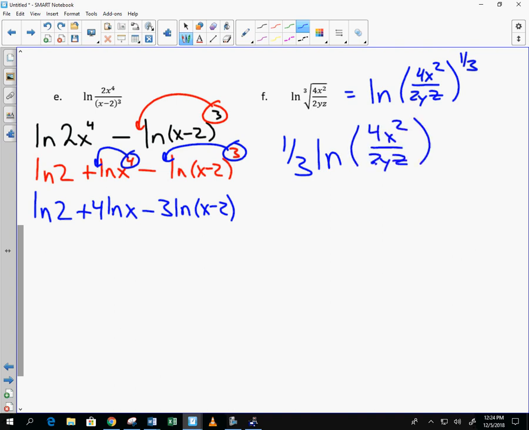Cool. All right. So the 2yz is in the denominator, so all those terms should end up being negative. And the 4x squared, all those terms are in the numerator, so they should all be positive. So we have 1/3 times the natural log of that 4x squared minus the natural log of 2yz.